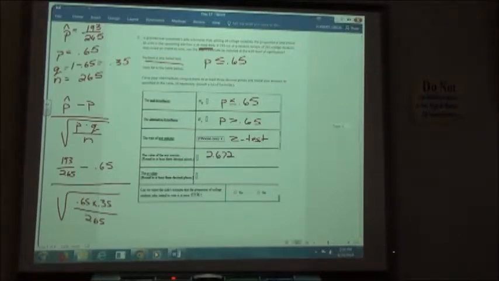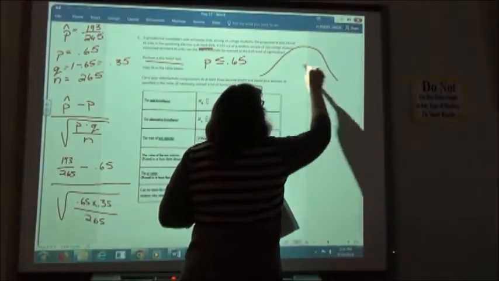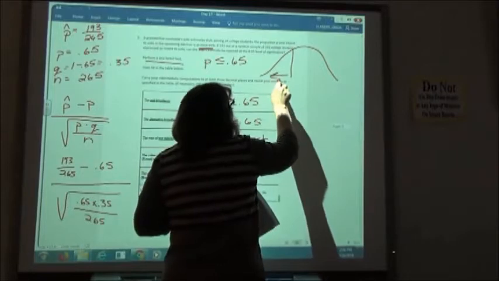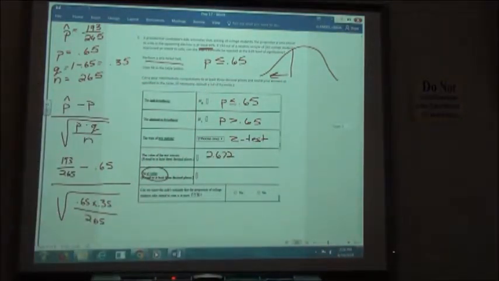All right. We are doing a one-tailed test. Our one-tailed test says we're testing less than. We are going to find the p-value. Now when you do p of z on the calculator, which direction does it test? P of z is greater than, right?